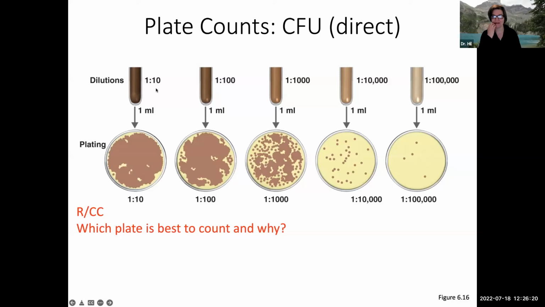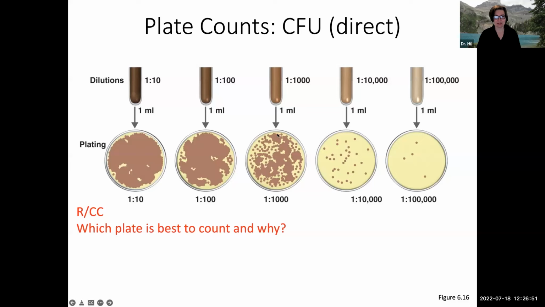Yeah, excellent. Okay, so these two do make sense in terms of being possible to get an actual number. These are all impossible to count, so these would be terrible choices. Of these two, however, the better one is this one. The reason for that is it's a countable number, but there's more of them. And the more dilute you get, the more you are at the mercy of random variations due to just random chance, right?